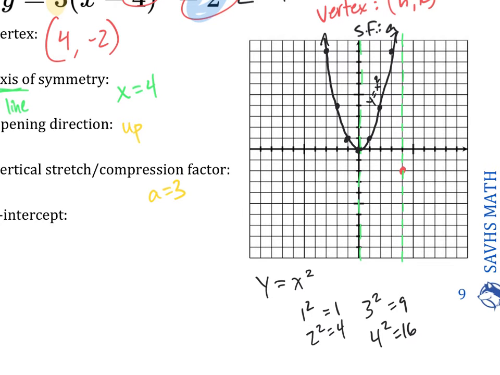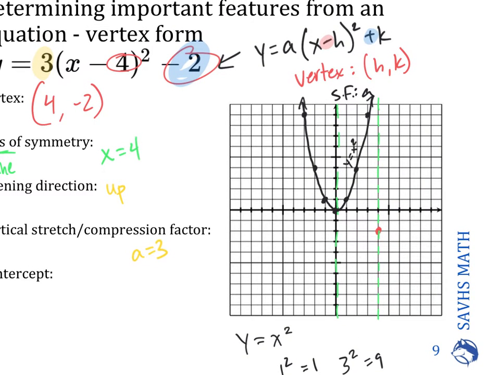But because we transformed this thing right 4 units and down 2 units, and we have this scale factor right here, we have to change some things. Normally from the vertex, over 1, we would go up 1. But because the scale factor is 3, we're going to go over 1, up 3. I multiplied that up amount by 3.